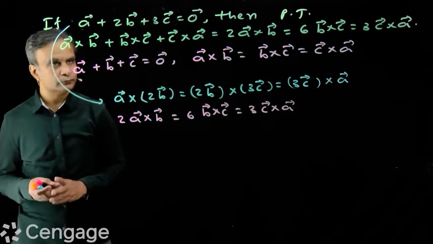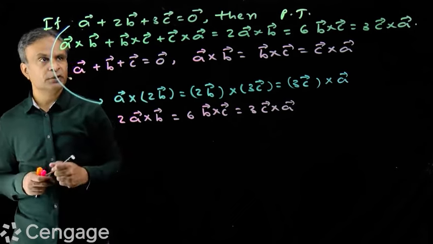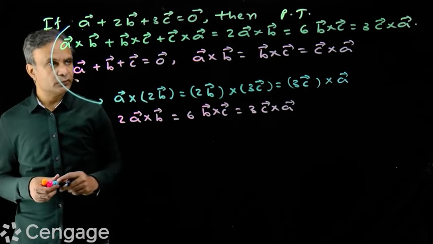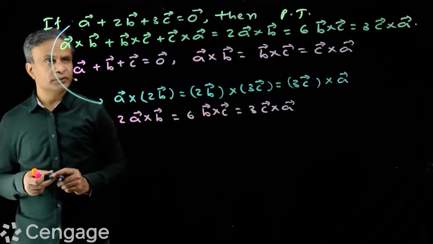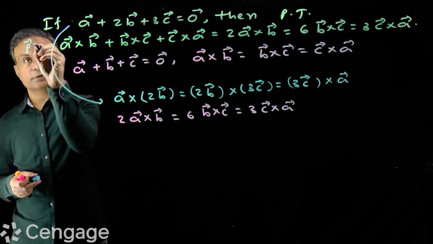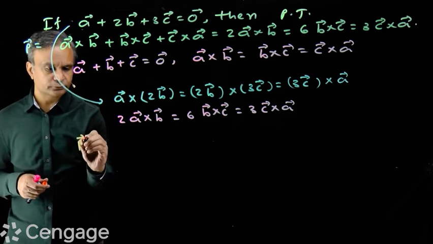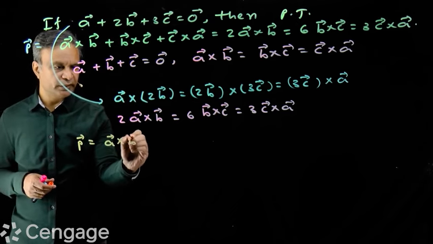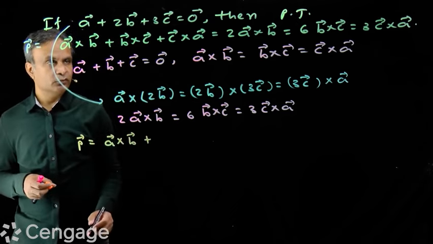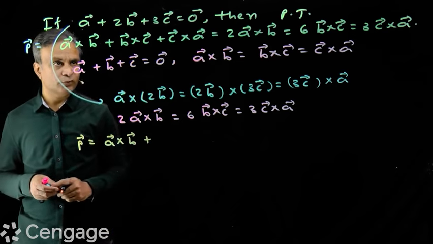Okay, now we can find its value. We can write b cross c and c cross a in the form of vector a cross b. Suppose this is vector p, then vector p will be a cross b plus b cross c in the form of a cross b.